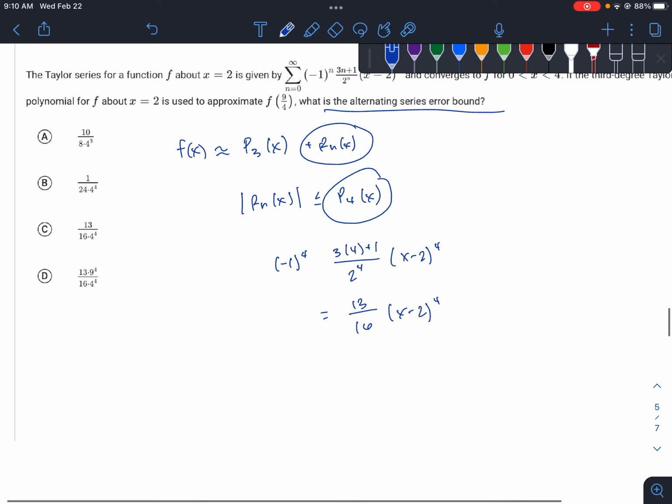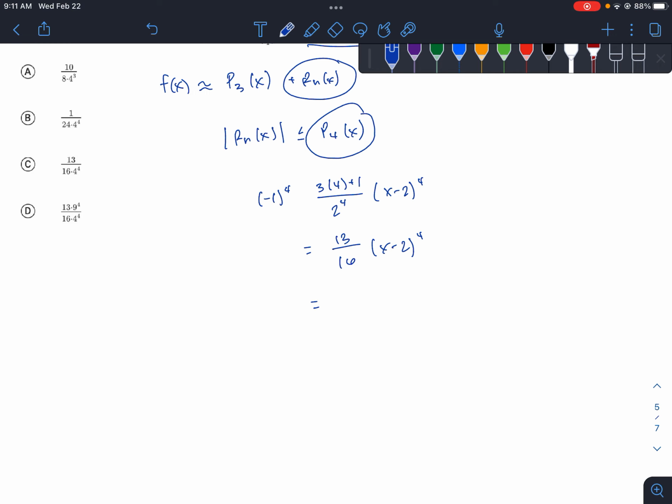And we are approximating at x equals 9/4, so let's just plug 9/4 right here. You might already be able to see it looks like it's going to be one of these two. It looks like that's what our answer is shaping up to be. So 13 over 16, and then we have 9 over 4 minus 2.